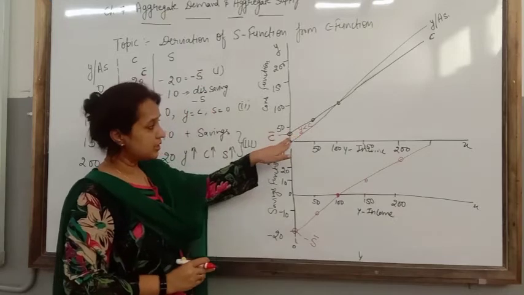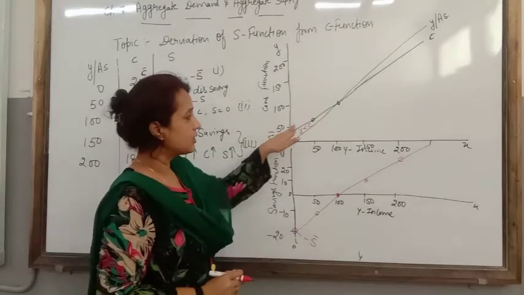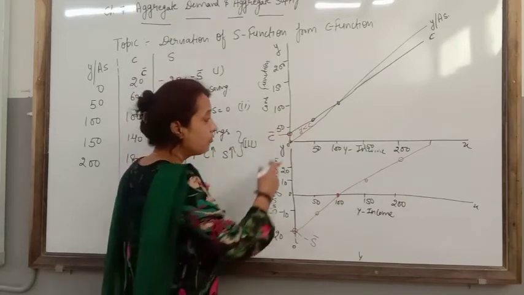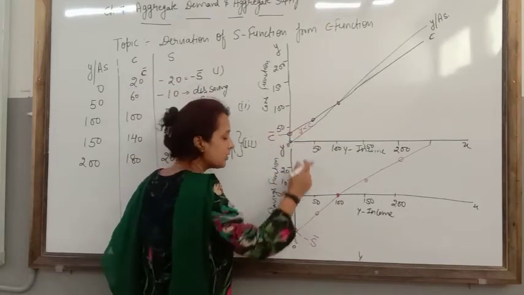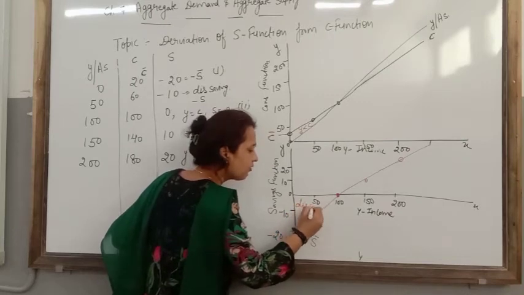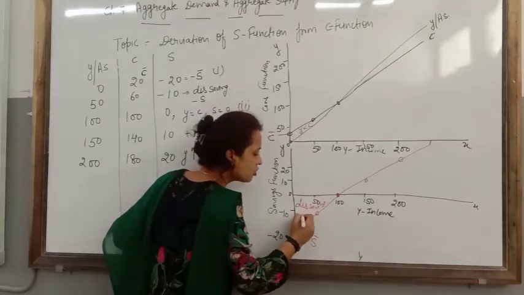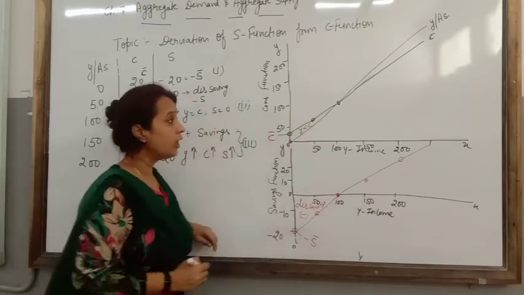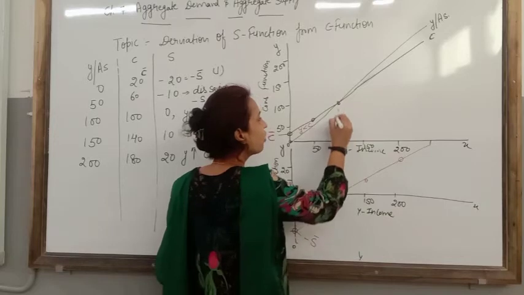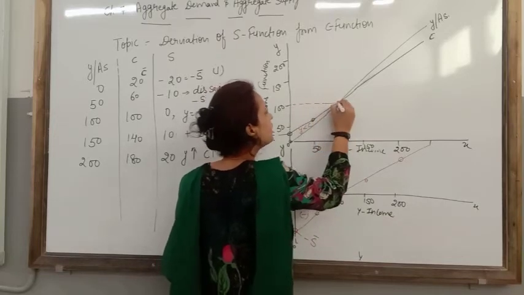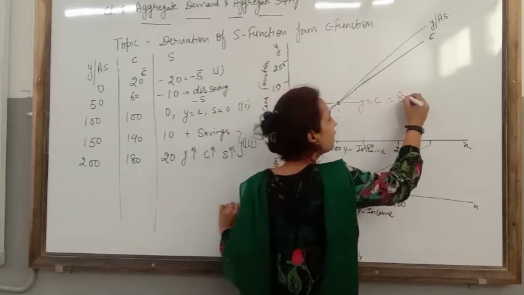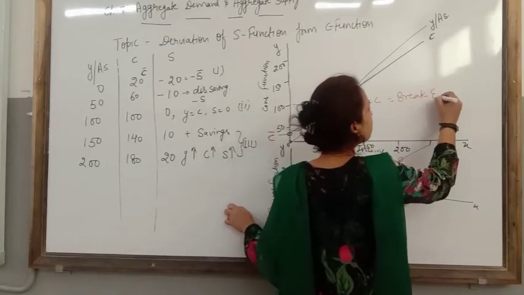You can see very easily Y is less and C is above it, so because of this Y is less than C. When Y is less than C, which kind of situation will there be? Saving will be in a minus situation. Clear? When Y equal to C, you can see very easily at this point Y equal to C, it is known as the break even point.